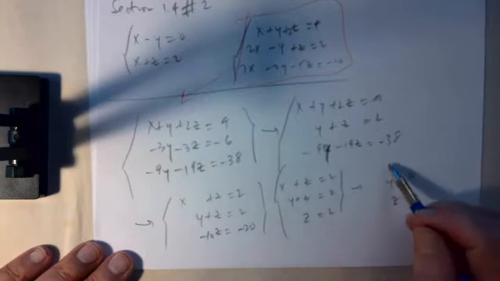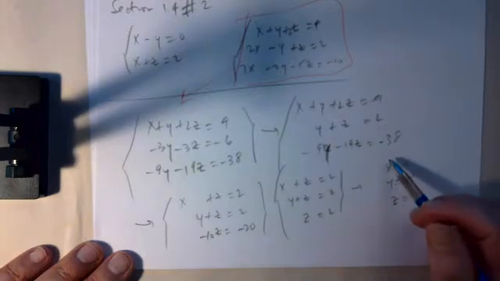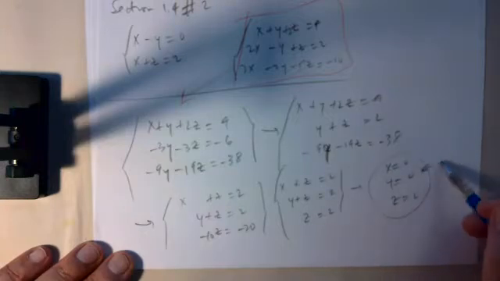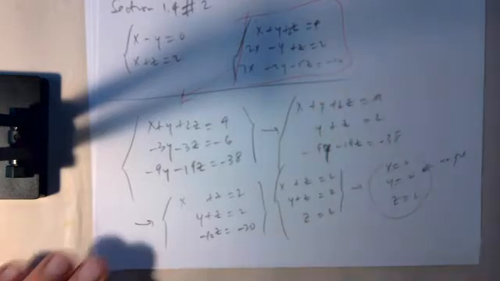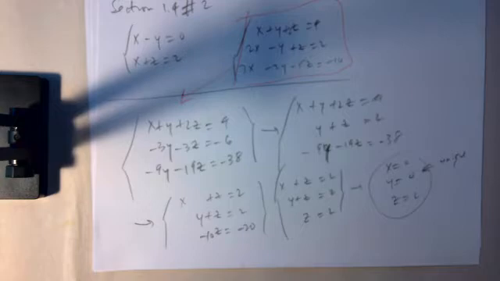And if z equals 2, x equals 0. So it looks like this is the unique solution to the second system of equations. So this system of 3 equations and 3 unknowns only has one solution.